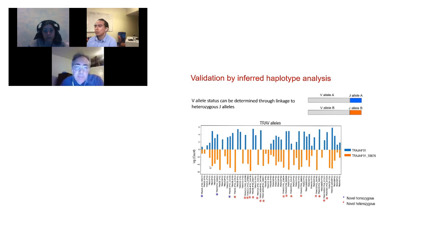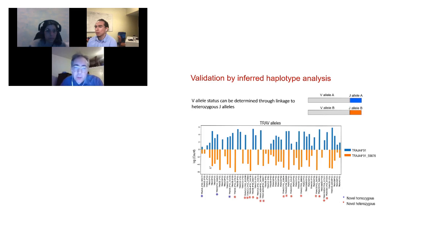This is validation by inferred haplotype with IG Discover. This essentially uses the fact that if we have heterozygous anchors, in this case heterozygous J genes, these particular J alleles will only recombine locally. So they only recombine with V alleles which are present on the same chromosomal region.